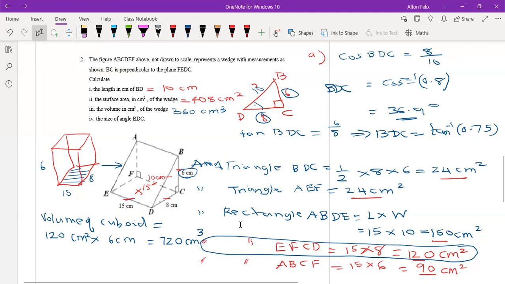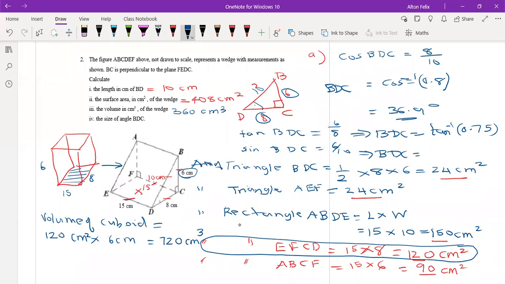And finally, let's practice it with sine. Sine BDC is opposite 6 over hypotenuse 10. So that means that BDC, we'll get the same answer, but we're just trying the 3 different ways using our ratios, right?